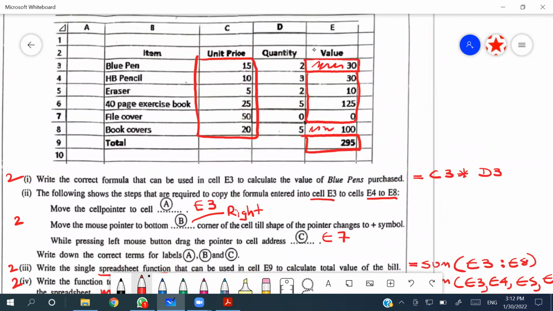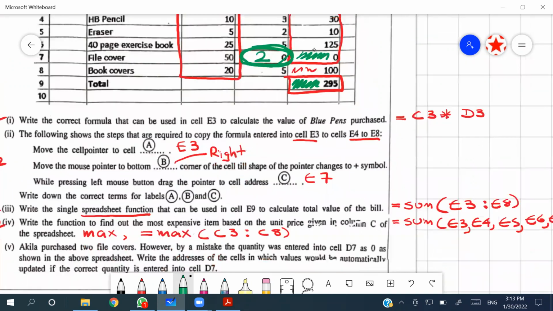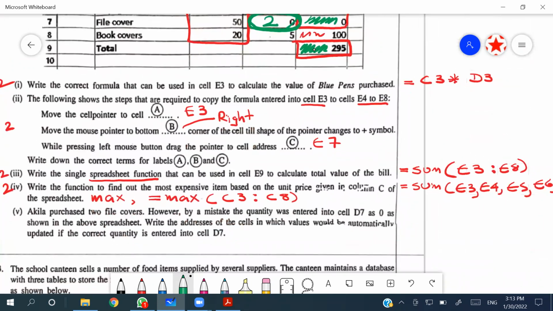So here, this is the place where he went wrong. He took 2 file covers, but he recorded as a 0. So if you change this into 2, then this particular cell's value is going to be changed, as well as this particular cell's value is going to be changed because it says the sum of those values, right? So it's going to be cell E7 and cell E9.